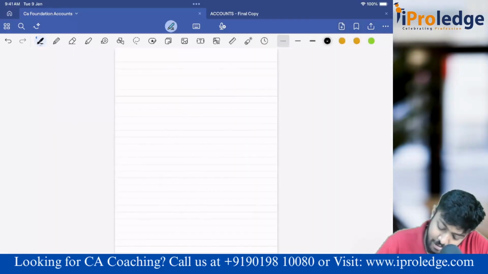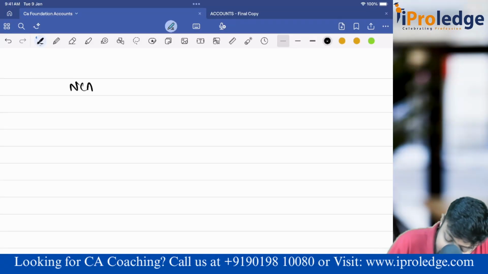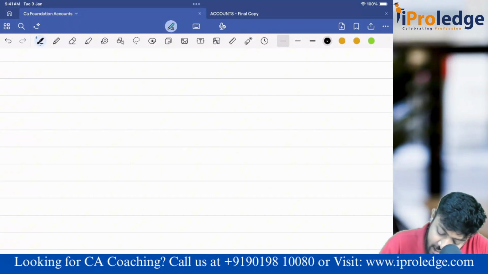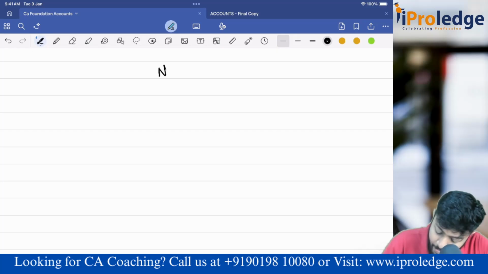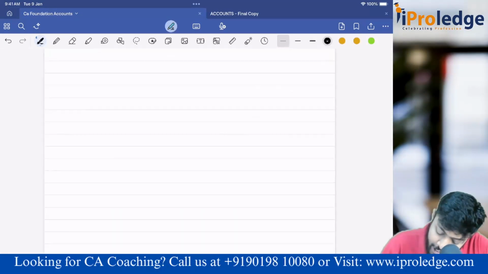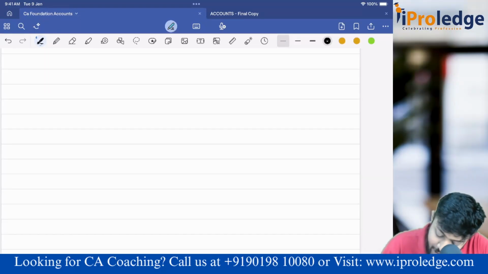Now one last possibility: when the provision for depreciation account is maintained, they can ask you to open an NCA disposal account. How will you do it? Same thing, nothing different. First we require the non-current asset account, and one more thing we'll require.